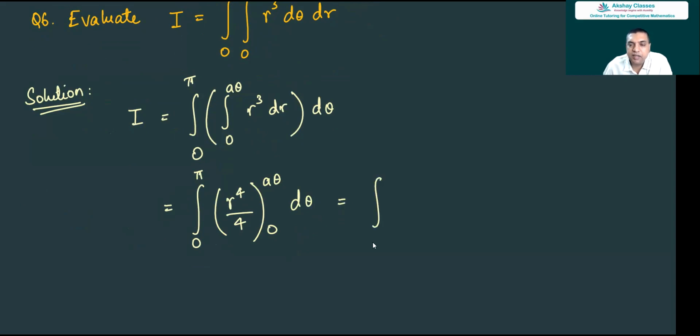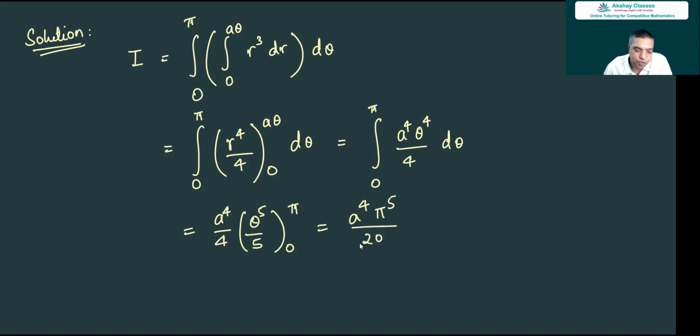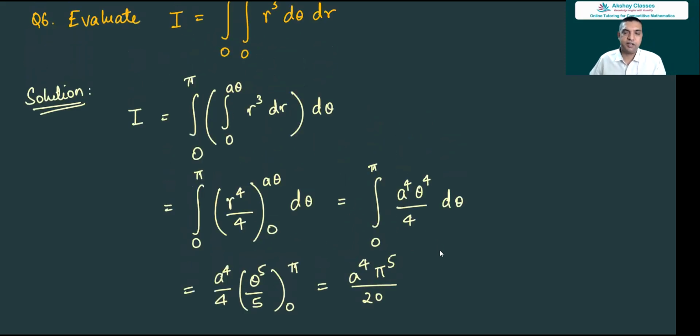So we get integral 0 to pi of a power 4 theta to the power 4 upon 4 minus 0. So this is a power 4 by 4 into theta to the power 5 upon 5, the integral from 0 to pi. So we get a power 4 pi raised to the power 5 over 5 into 4, which is 20. So this is the definite integral.